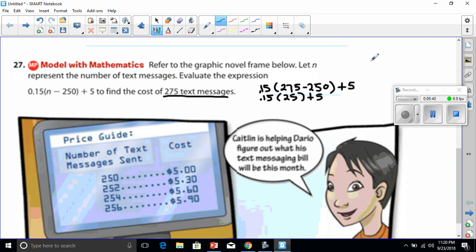0.15 times 25. Let's do the math over here. 25 times 0.15. 5 times 5 is 25. Carry the 2. 2 times 5 is 10, plus 2 more makes 12. Now we work with the second number, but we have to put a 0 there first. And since this is a 1, we know this is going to be 25.